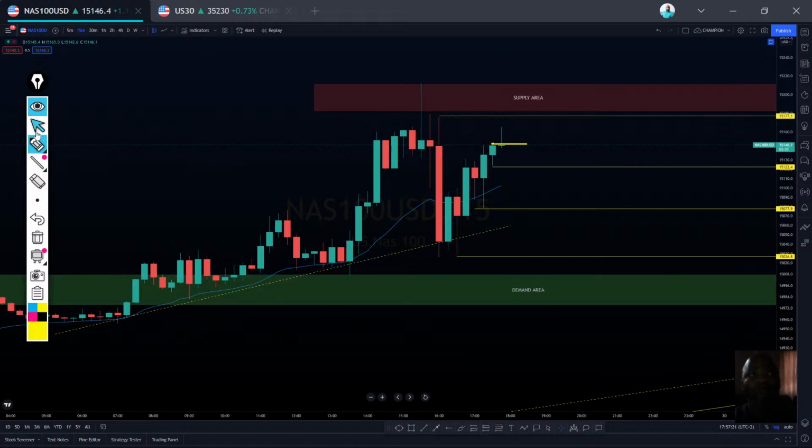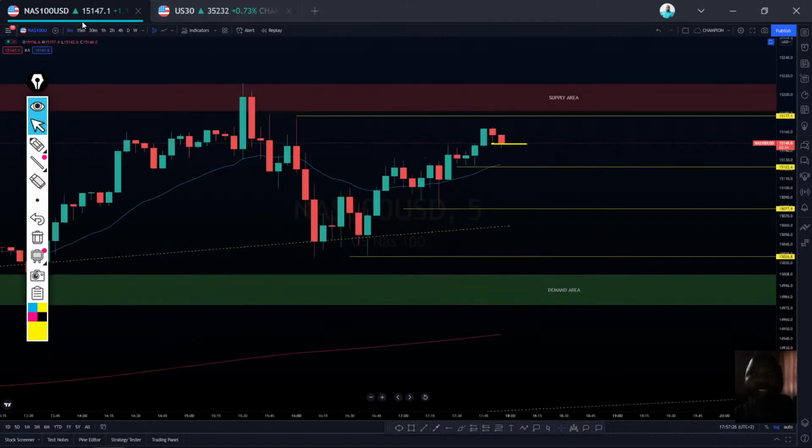When you go closer to our price with a lower time frame, in a 5-minute time frame, you can see that our price is about to make a turning point, maybe push towards this area to fill up this wick, and we will see.